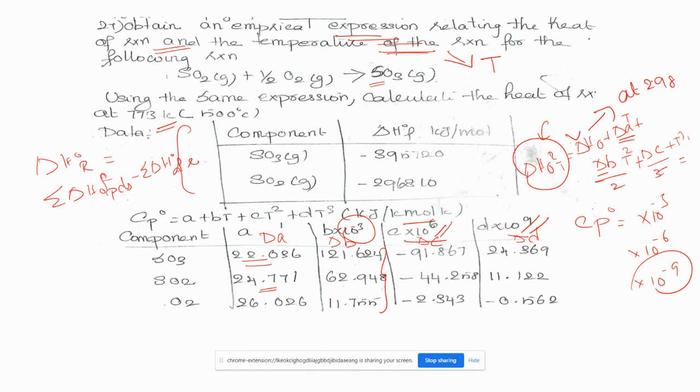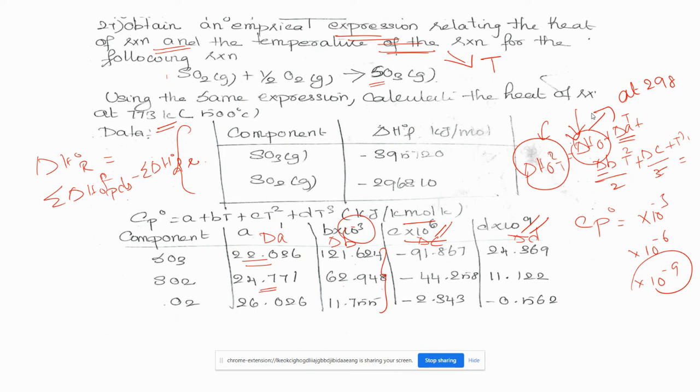After that you will get an expression, and once again you will substitute the del H0 value and write an expression that is called an empirical expression. So once again, I explain this problem.